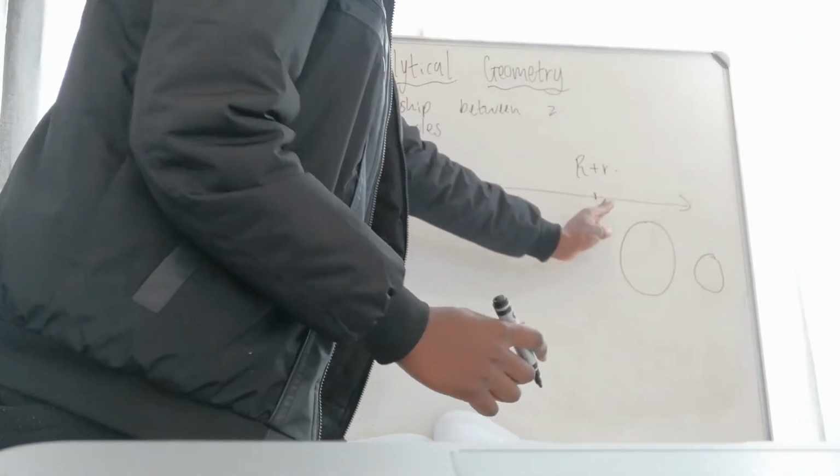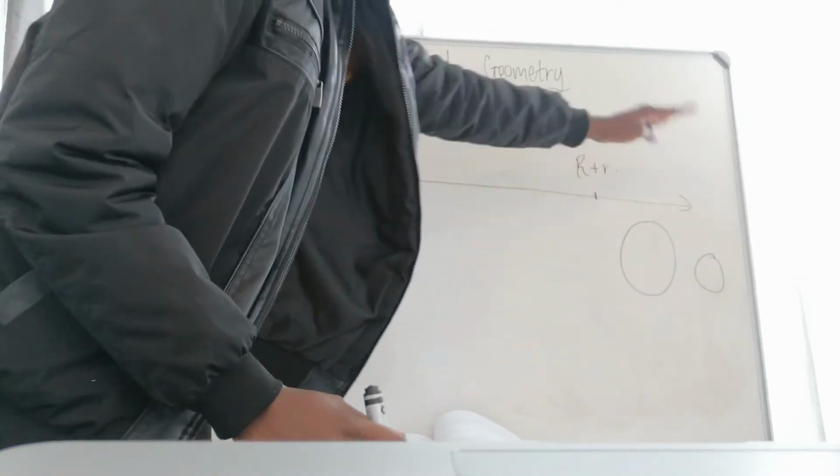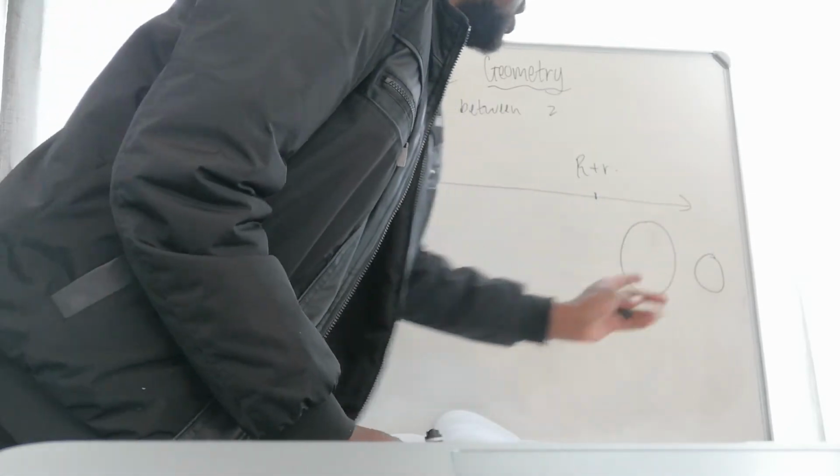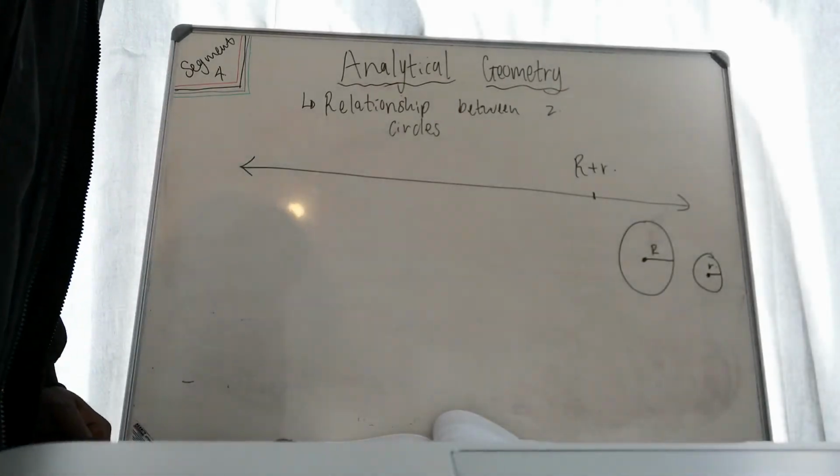After the point of R plus r, you get these type of circles, where the big R is for the radius of that one, and the small r is for the radius of that one. Alright?